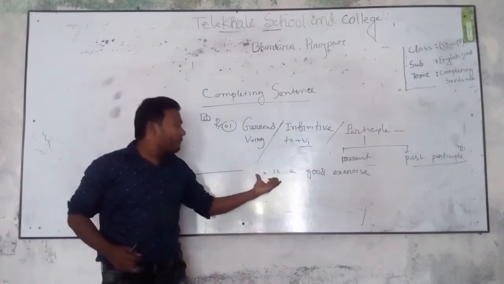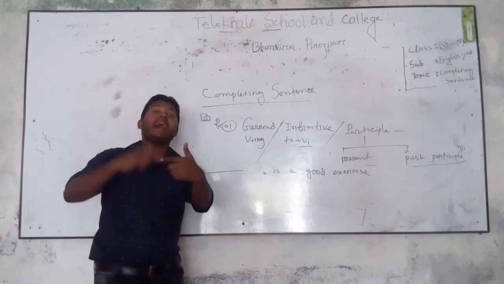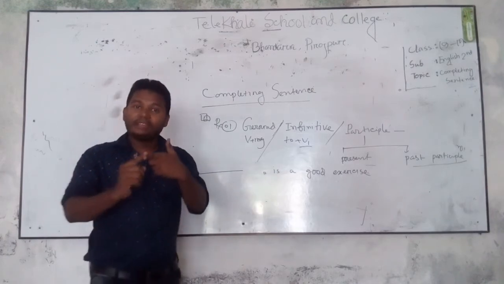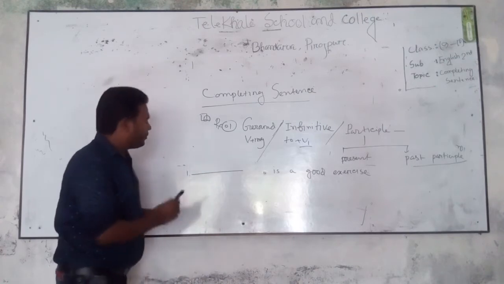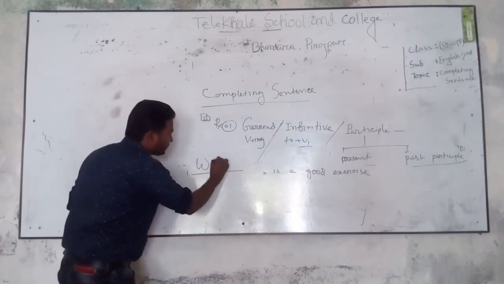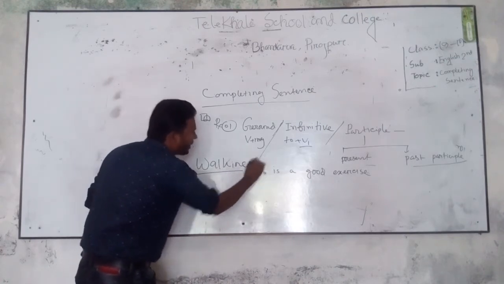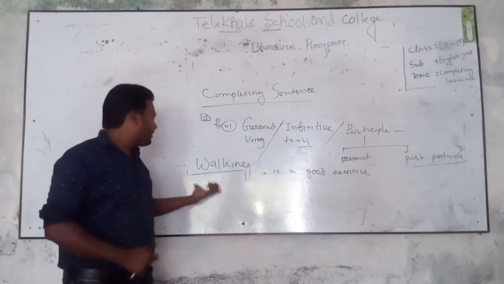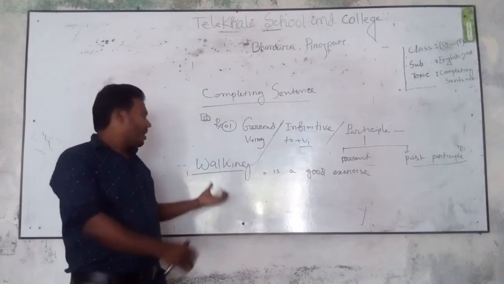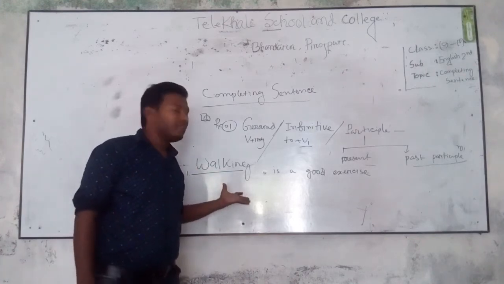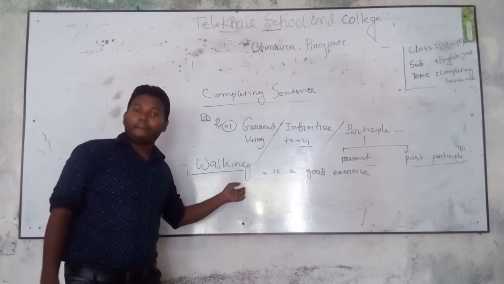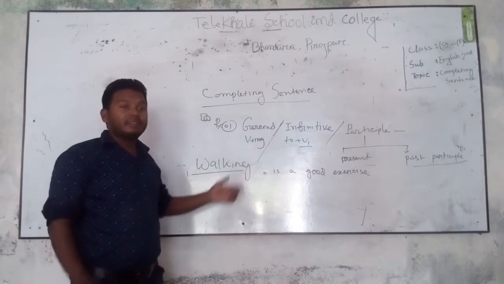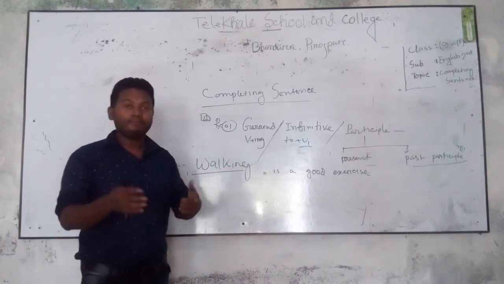You can complete it by using a non-finite verb. Suppose, walking. Walking is a good exercise. If the gap is at the beginning of the sentence, you can use verb plus ing. That means gerund, which works as both noun and verb.